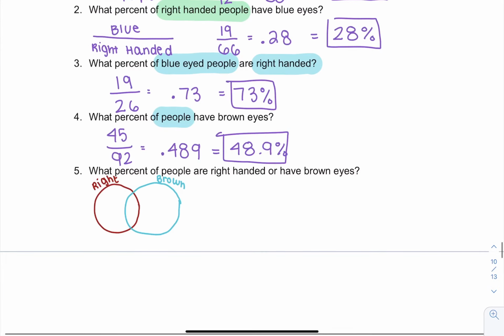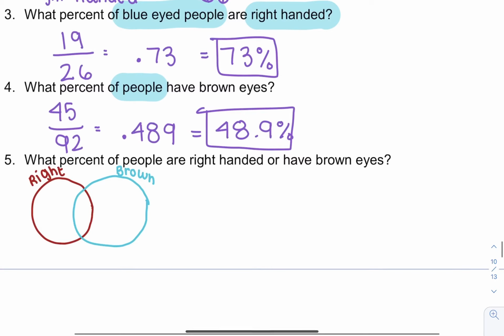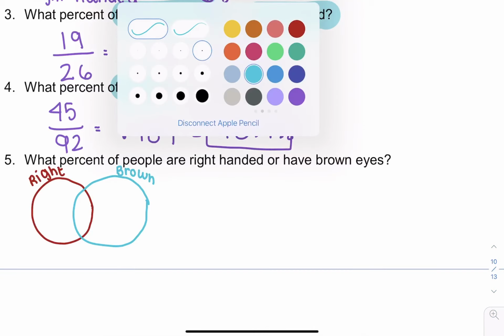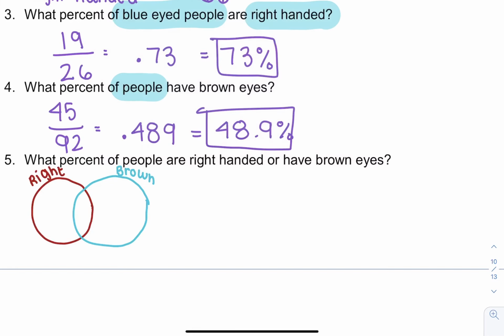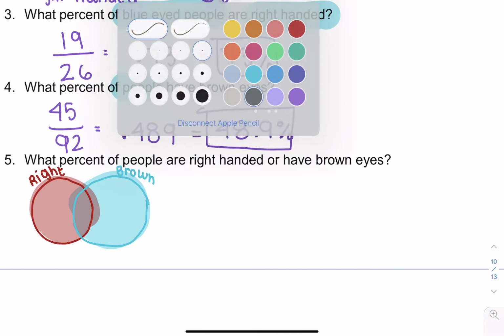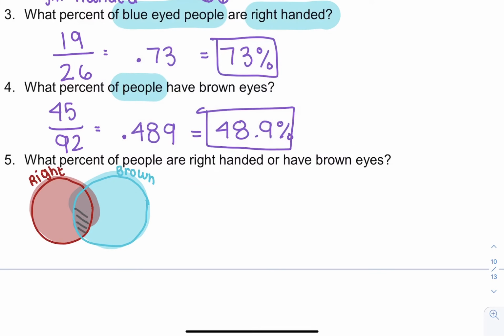So the formula that we're going to use, notice if I add this up, I have my brown-eyed people. So I count them once, and I count my right-handed people once. Notice I end up counting these people twice.